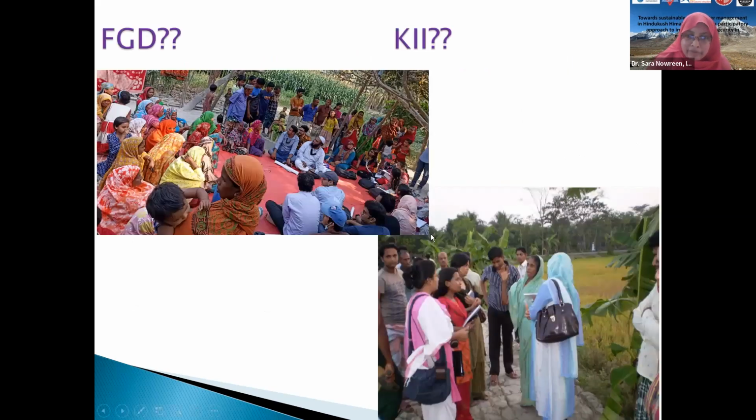So these are some figures from focus group discussions and key informant interviews. Key informant interviews and general interviews have a fundamental difference. For example, this has to be a key person. A key person is someone who can give you the best information. That means, for example, the agricultural officer, the extension officer, the fishery officer, the teacher of that particular village, or maybe the political leader for that area.